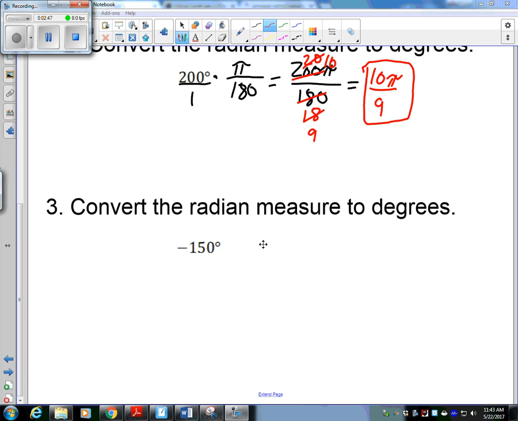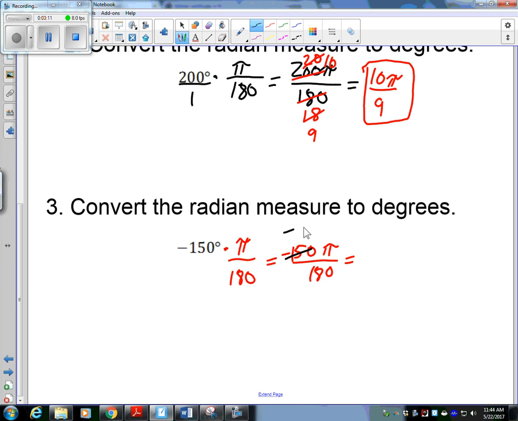But anyways, multiply here, it's the same thing, pi over 180. Not going to bore you with this. It's going to be negative 150 pi over 180, and simplify numerator and denominator. We're going to divide top and bottom by 30. So negative 5 over 6. This is negative 5 pi over 6.